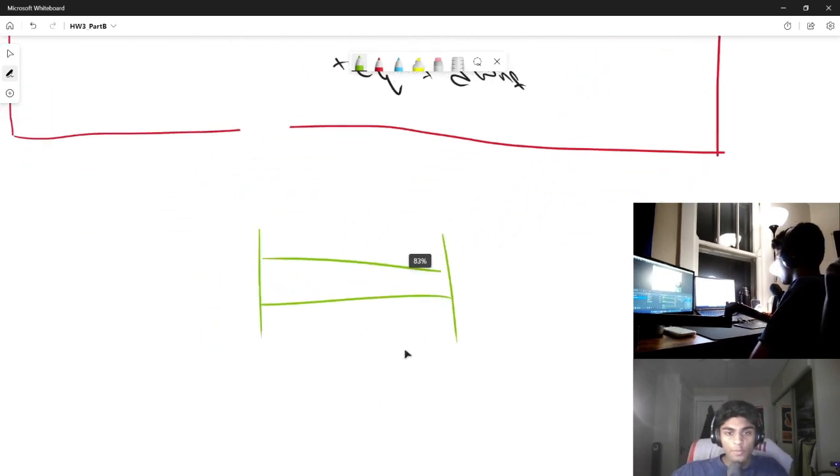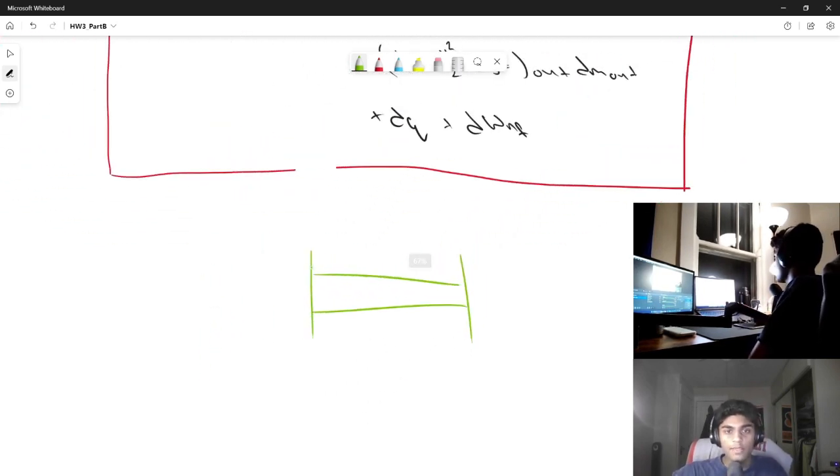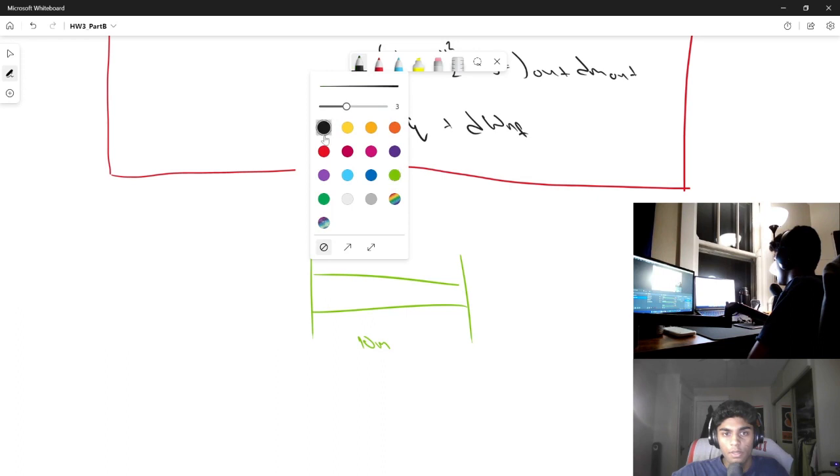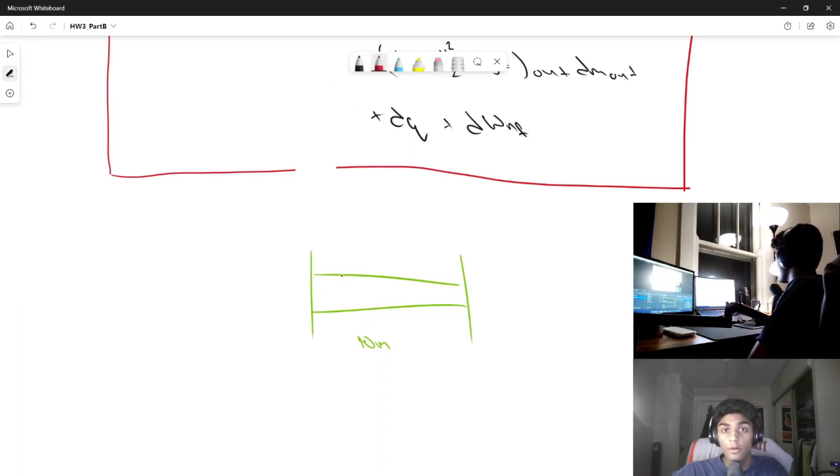We have this pipe here, and let's say this pipe is just like 10 meters long. Now, what we have here is some mass flowing in, and some mass flowing out. It's a straight pipe, so there is this constant stream of mass going in and out.